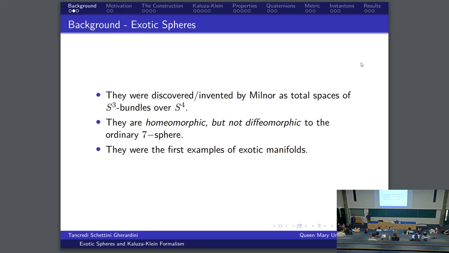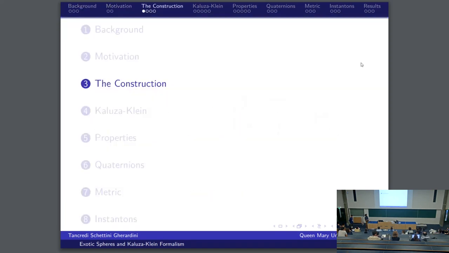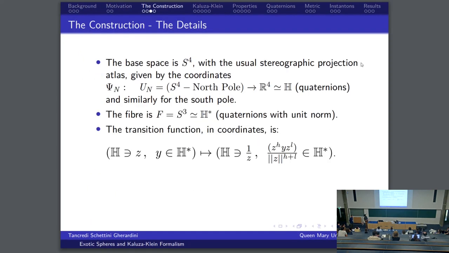This is just a general question about these exotic spheres. So these K and L, what kind of indices are they? What indices? You mean H and L, the ones here? Yeah, sorry, H and L. These are integers, and basically they classify the third homotopy group of the structure group.